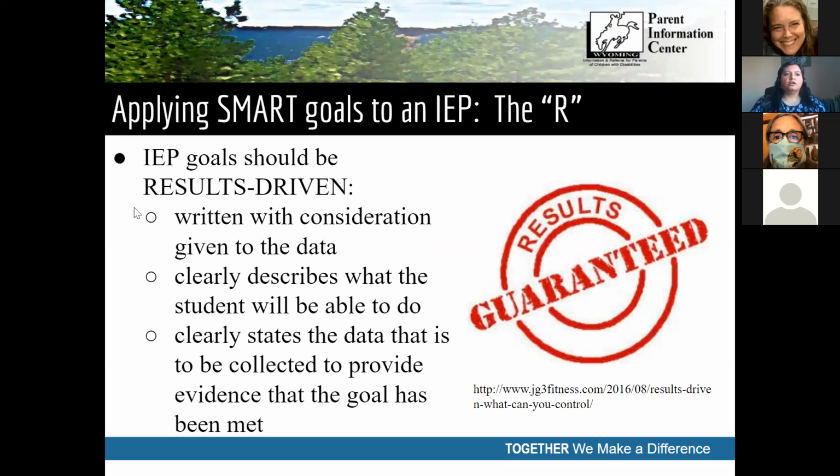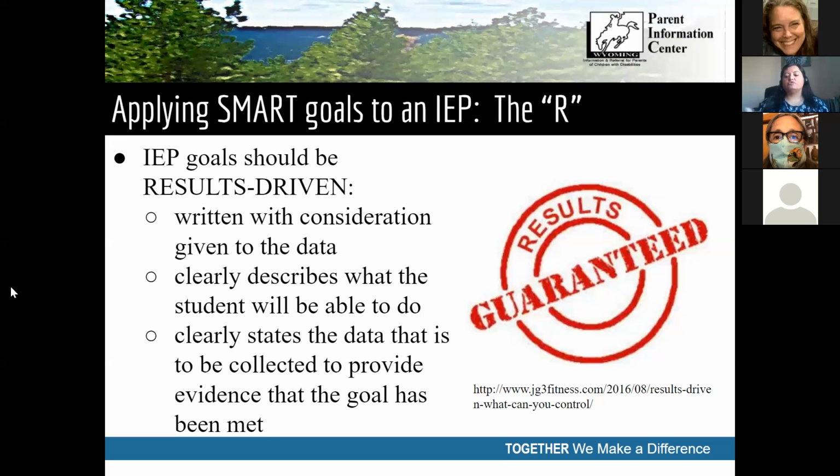And then the R, I like results driven. So you always write your goal with consideration of the data that you already have. If you have a child that's just starting to count and can count to 5, expecting that child to be able to count to 100 may be too much.